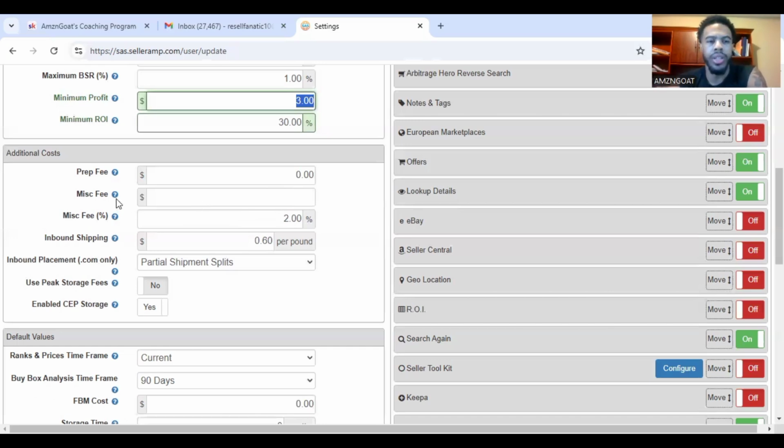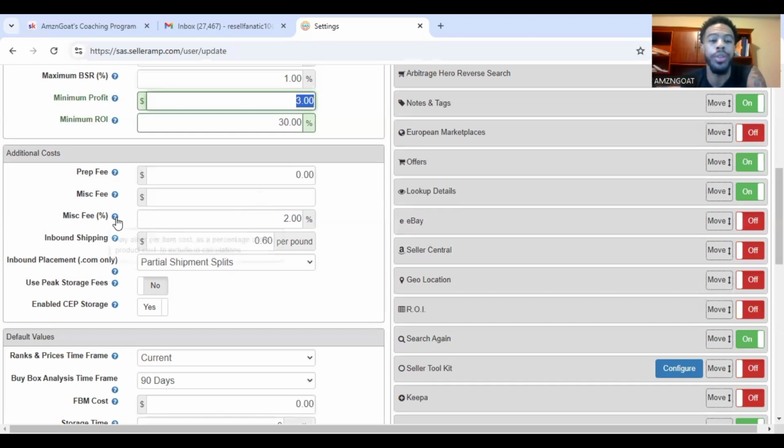And for the products that I sell, an 83-cent box is not going to affect the profit too crazily. If you're selling products that you're making $1 profit on, you may want to take into consideration how much it is for the supplies that are needed to fulfill the orders that you're getting. But that's the miscellaneous fee.